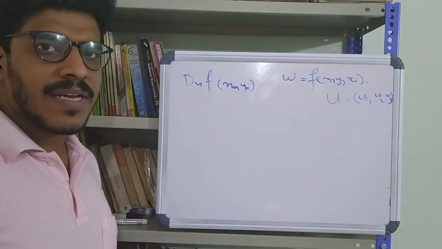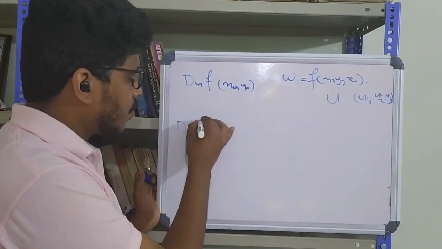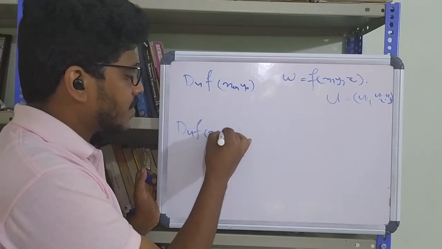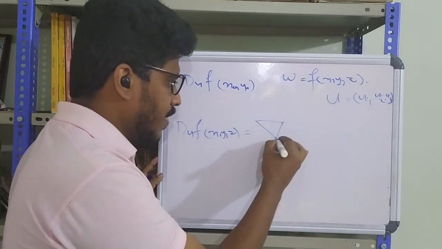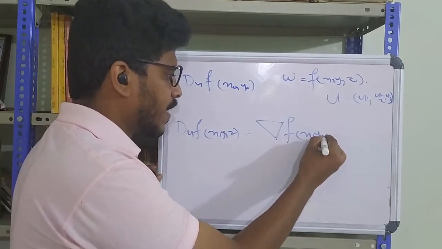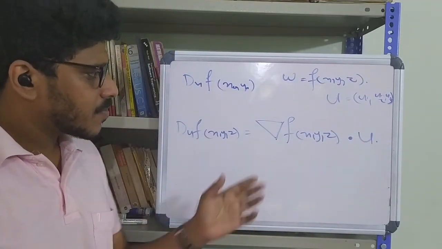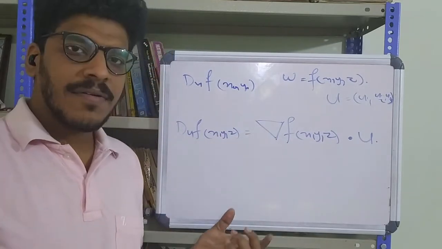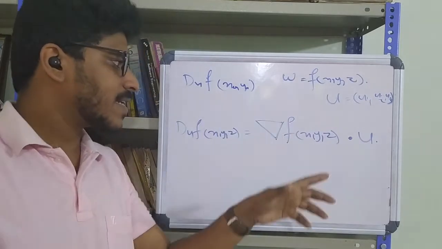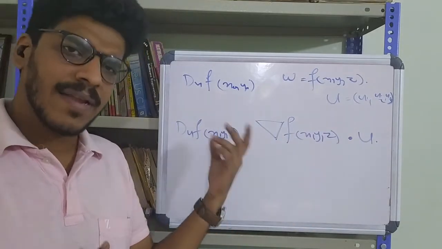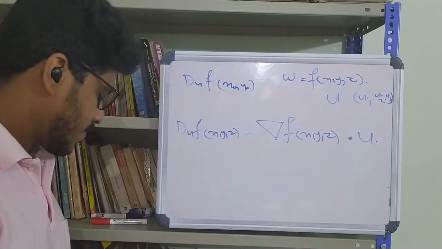Then the directional derivative of f in the direction of u at x, y, z can be found as gradient of f of x, y, z dot u, as you have seen before for two variable functions. So this just means that what we have explained for directional derivatives of two variable functions can easily be generalized for three variables, and this can easily be generalized to 4 or 5 or any finite number of variables. Right.